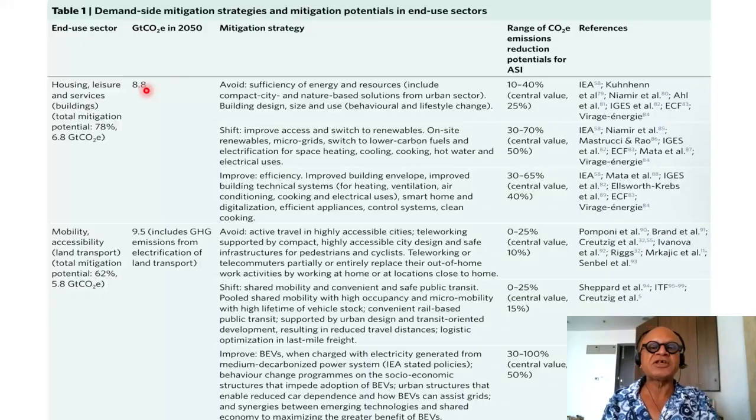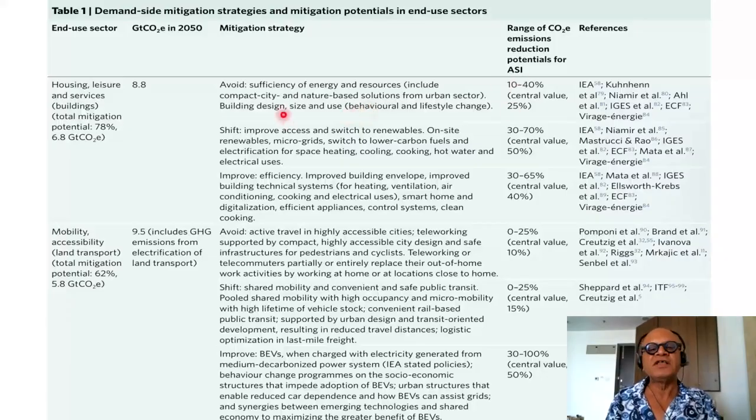The mitigation strategies in avoid include sufficiency of energy and resources, compact city and nature-based solutions from the urban sector. We have discussed these elsewhere, but not in a particular context of demand-side solutions, but you can hopefully map them back. And of course, this includes building design, size, and use, which require behavioral and lifestyle changes.